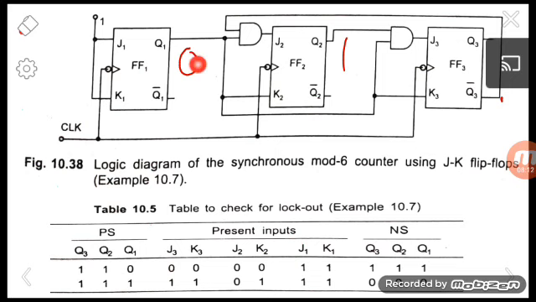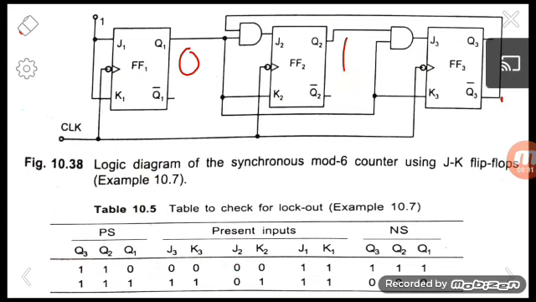So the current state is 110 condition. Q3 is 1, Q2 is 1, and Q1 is 0. Using these inputs, after the next clock pulse, what may be the next output of these flip-flops?